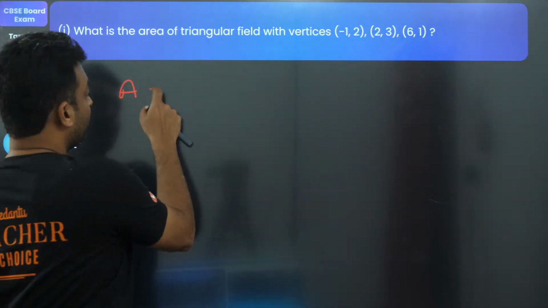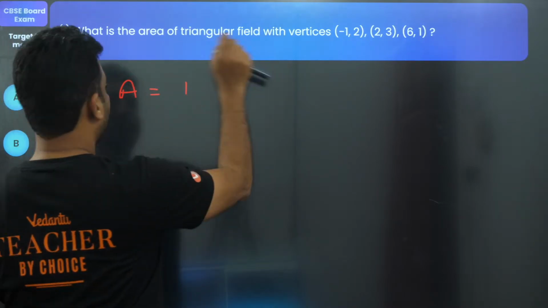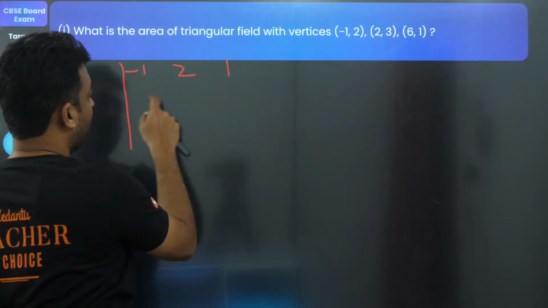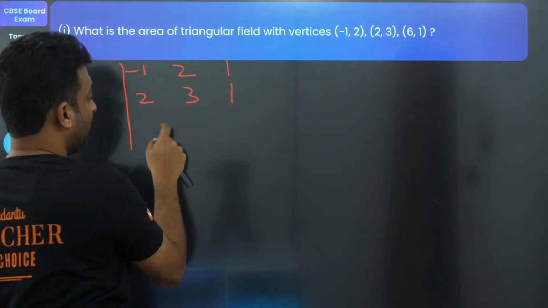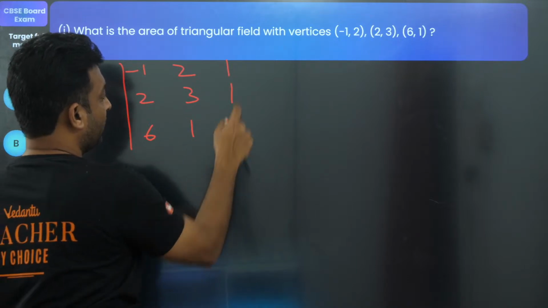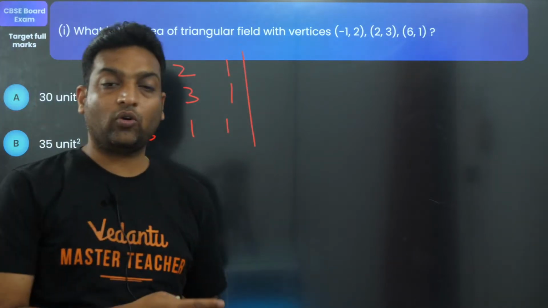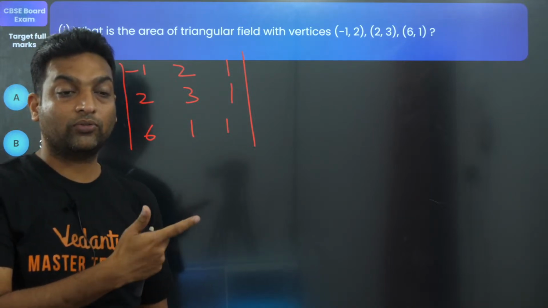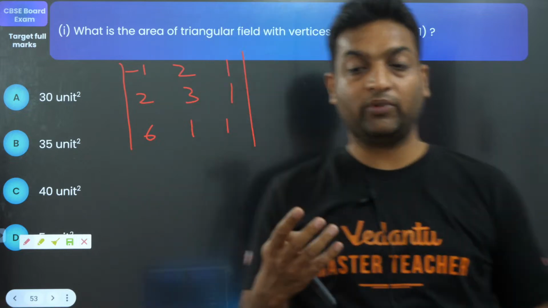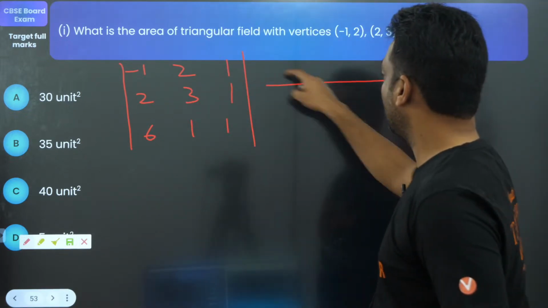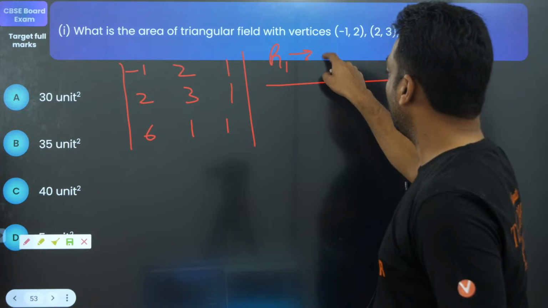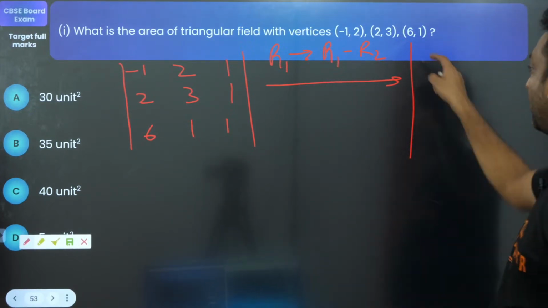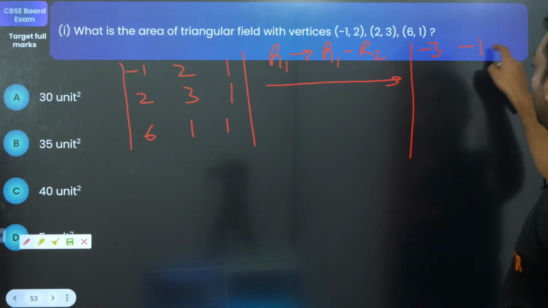The area will be, first let's find this determinant: x1 y1 1, x2 y2 1, x3 y3 1. Either you can open it directly or you can make some zeros. I will make some zeros. How? R1 goes to R1 minus R2, giving minus 3, minus 1, 0.